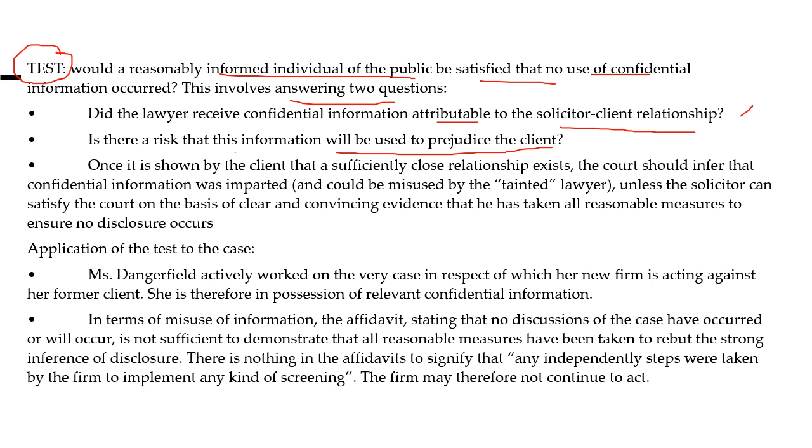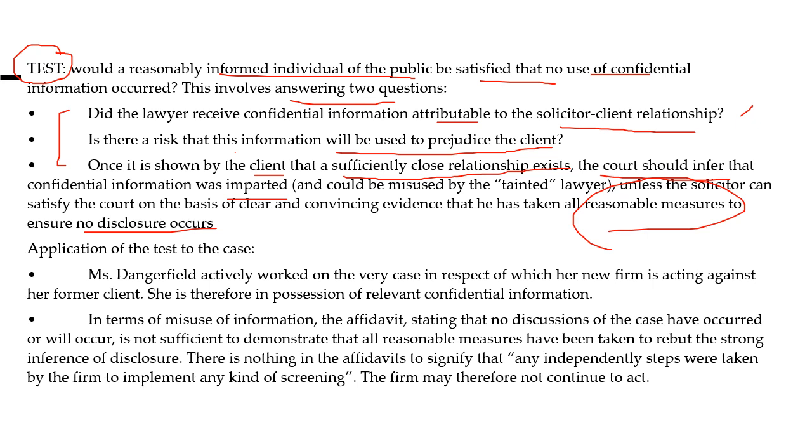So 100% definitely, both the answers are yes. Once it is shown by the client that a sufficiently close relationship exists, the court should infer that confidential information was imparted and misused by the tainted lawyer, unless the solicitors satisfy the court on the basis of clear and convincing evidence that all reasonable steps were taken to ensure that no disclosure happened.